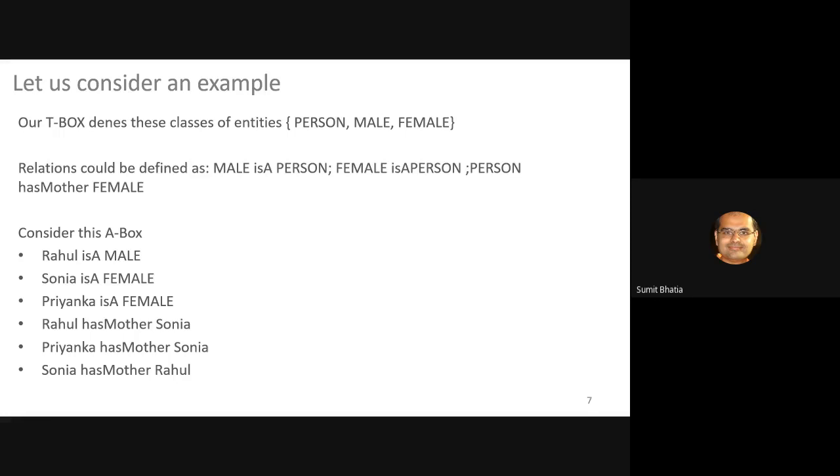Rahul has mother Sonia and Priyanka has mother Sonia. Now, if our T box has also specified that if two entities share the same mother, then they are also siblings, then the system could actually infer that, since Rahul has mother Sonia and Priyanka has mother Sonia, they are siblings because of the definition provided by the T box.